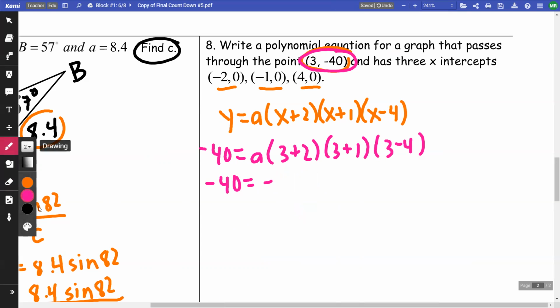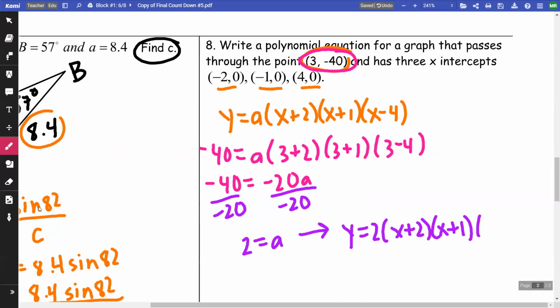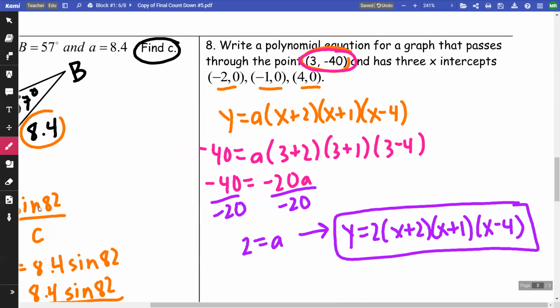Let me put my -20 in front of my a. Okay, so now I'm going to divide by -20, divide by -20, and I get 2 is equal to a. So my equation is y is equal to 2 times x plus 2 times x plus 1 times x minus 4. And that is your answer.